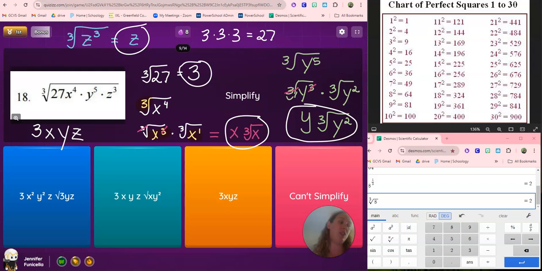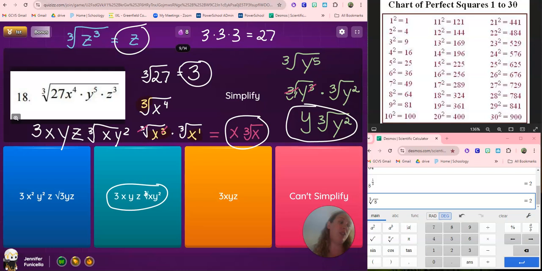So we have 3xyz, left under that cube root with an x and a y squared. So that option is going to be right here: 3xyz pulled out, and underneath our root symbol, we still have an x and a y squared. And there should be a little tiny 3 here because it's a cube root. So that's our final answer option.